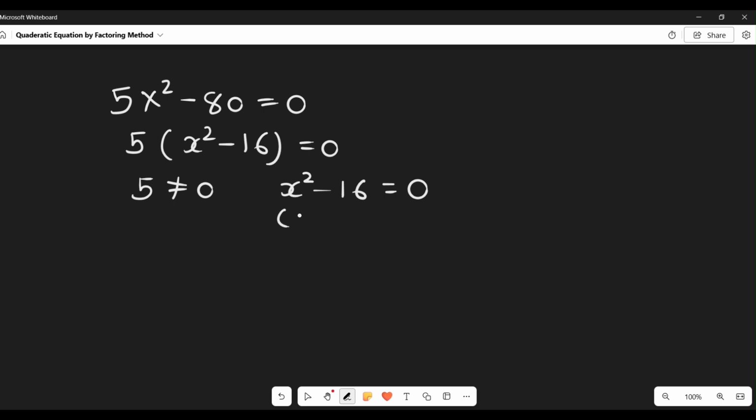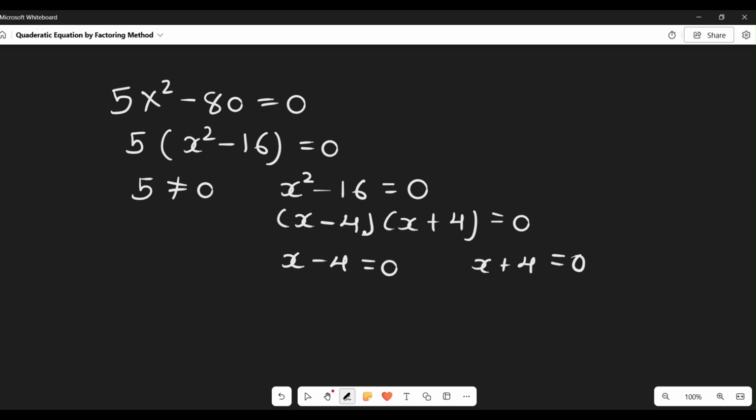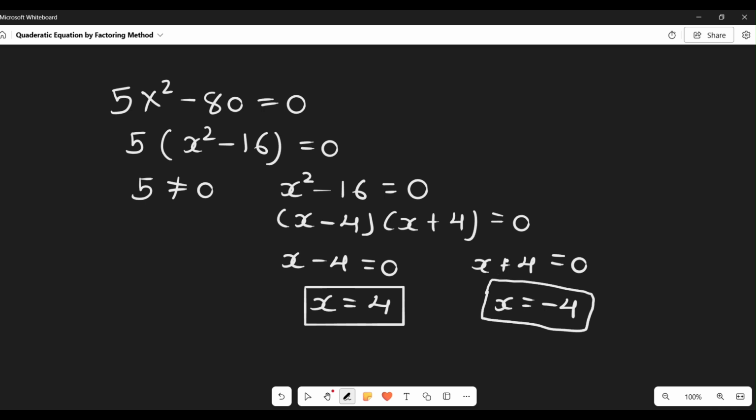Now here x² − 16 will be (x − 4)(x + 4) = 0. So again x − 4 = 0 or x + 4 = 0. So in this case x value will be 4 and in this case x will be −4. So the value of x will be either 4 or −4.